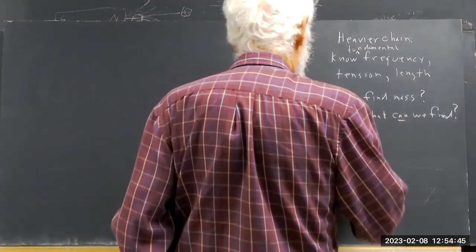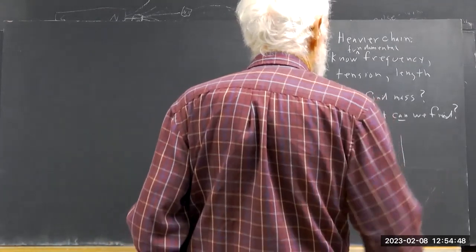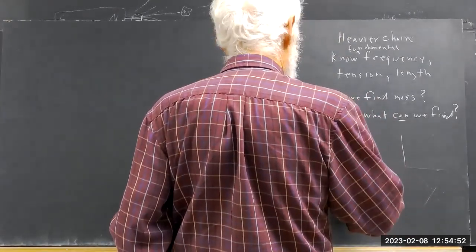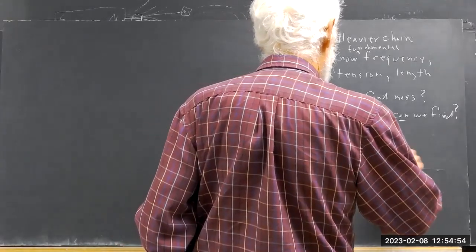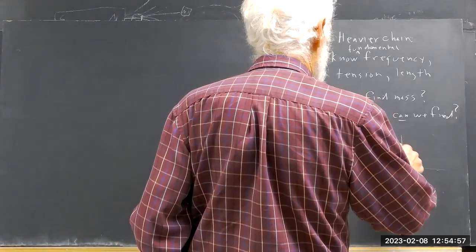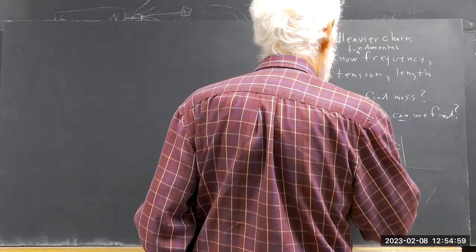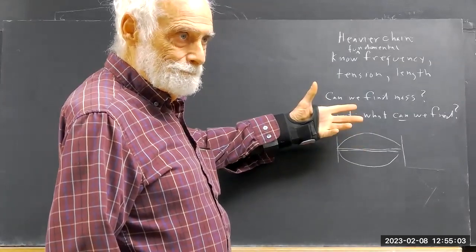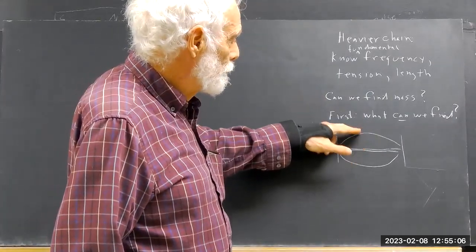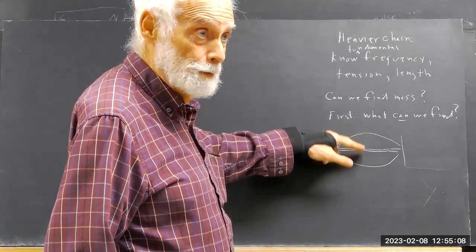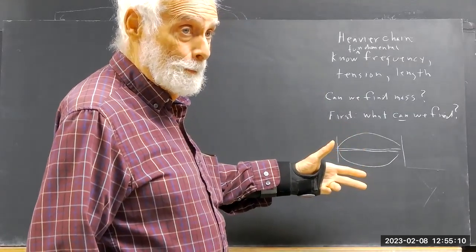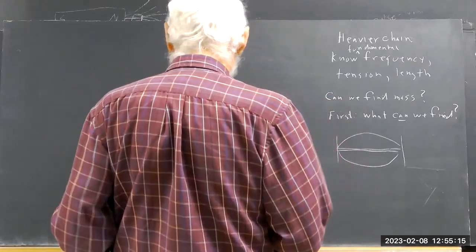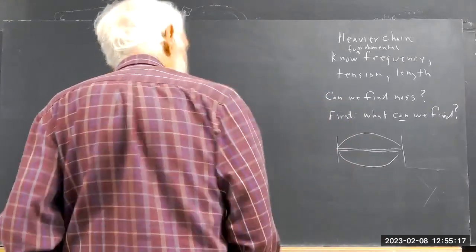The picture is, here are the two ends, and the shape of the chain goes from here to here to here to here. Now you've got two waves approaching.